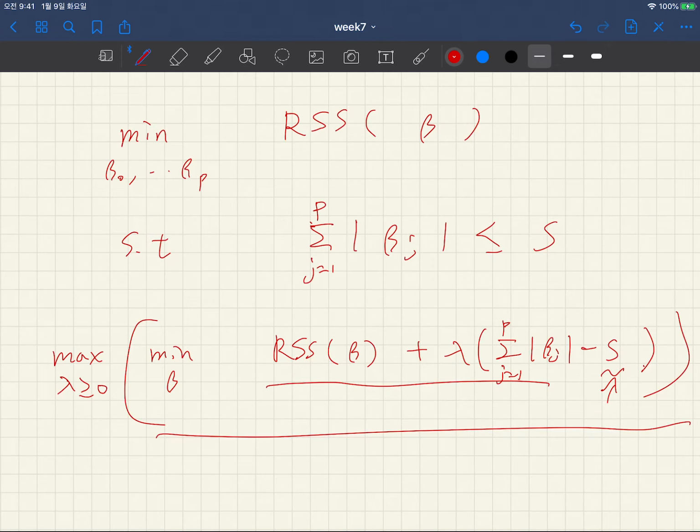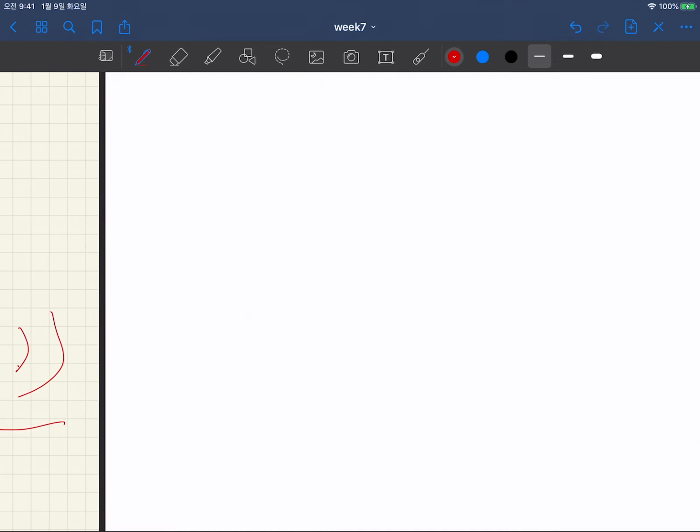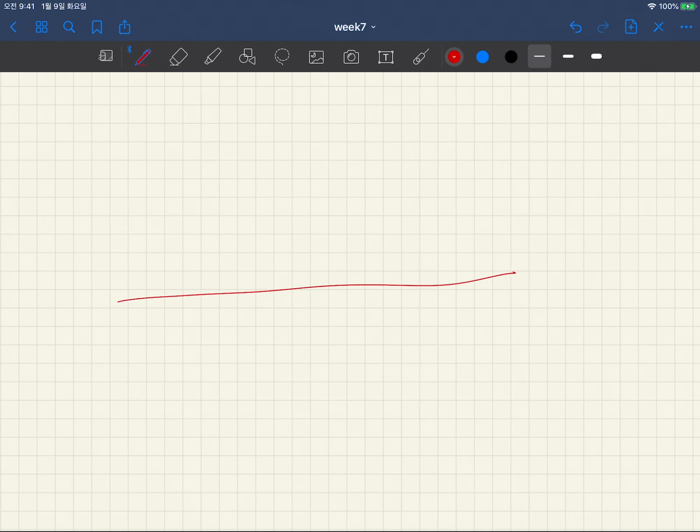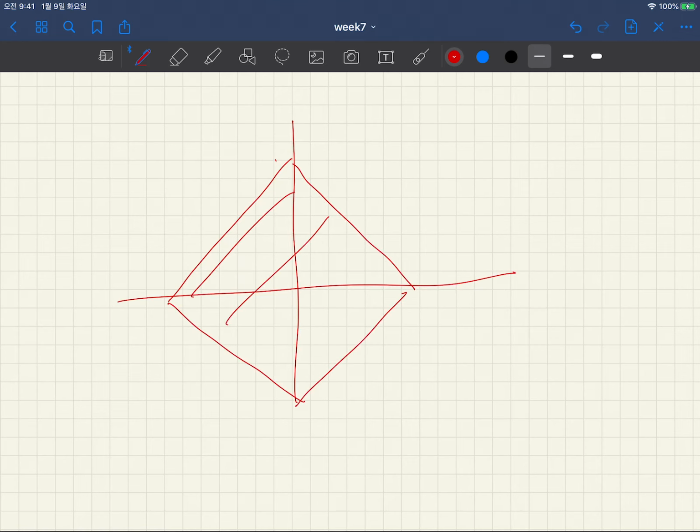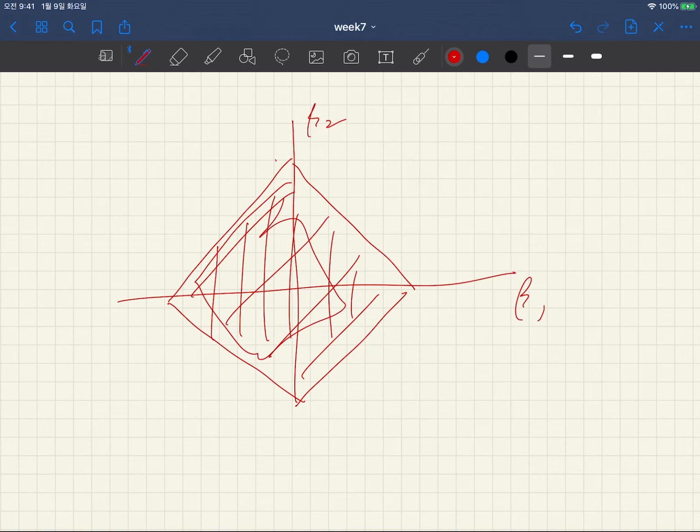Okay. This means we consider this area when you have beta 1 and beta 2, and we find the solution of RSS among points inside this kind of rectangle area.